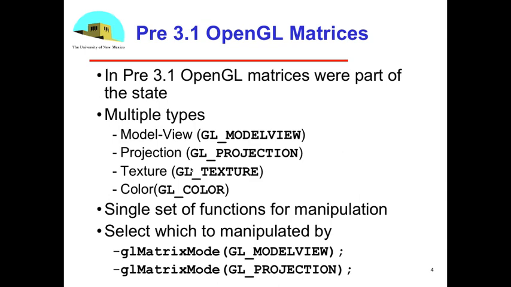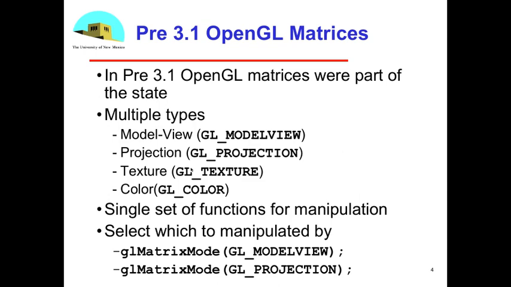And the advantage of doing it that way was you only needed one set of functions to manipulate them. So you would use the same function to manipulate the model view matrix as the projection matrix by just saying that the current working matrix that these functions apply to is now the model view matrix, and later it's the projection matrix. And you'll see a lot of that in our code.